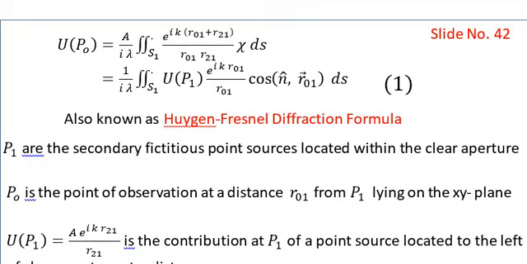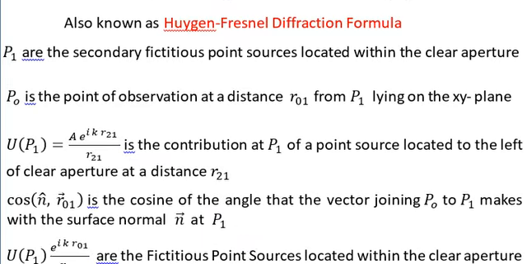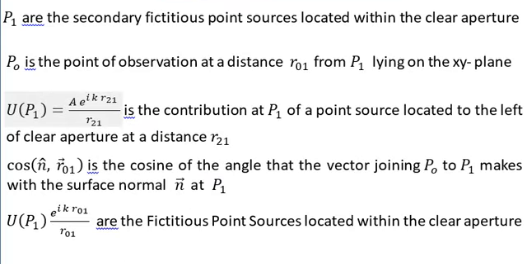P1 are the secondary fictitious point sources located within the clear aperture. P0 is the point of observation at the distance r01 from P1 lying on the xy plane. And u of P1 is equal to a e to the power iota k r21 over r21 is the contribution at P1 of a point source located to the left of the clear aperture at a distance r21.